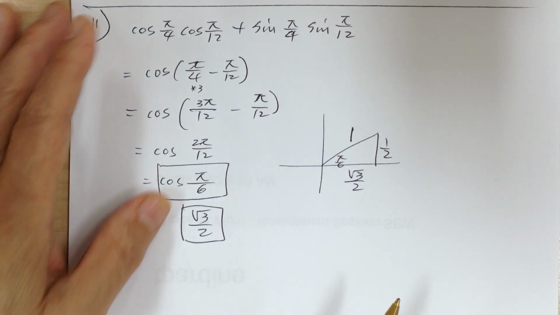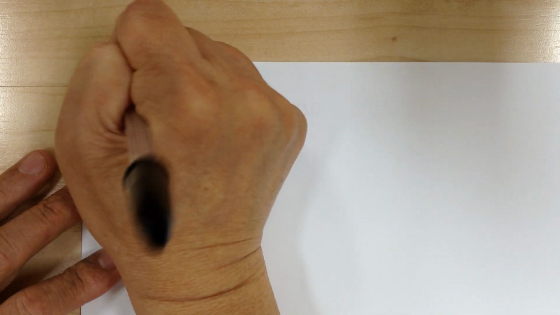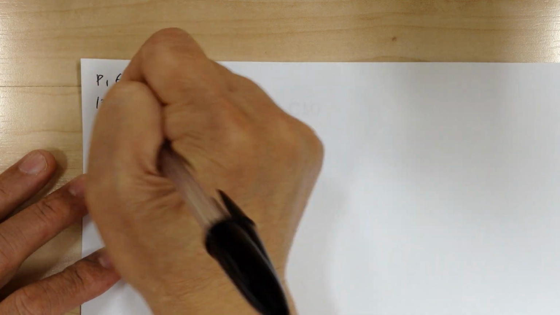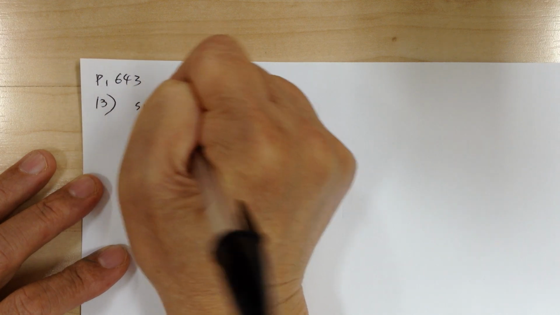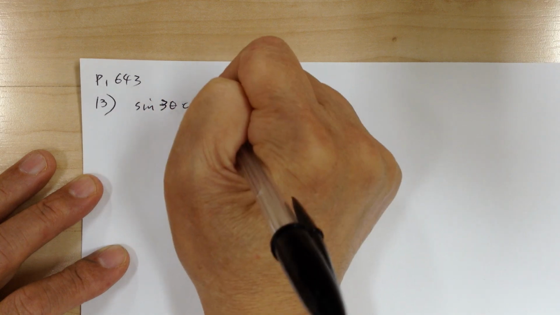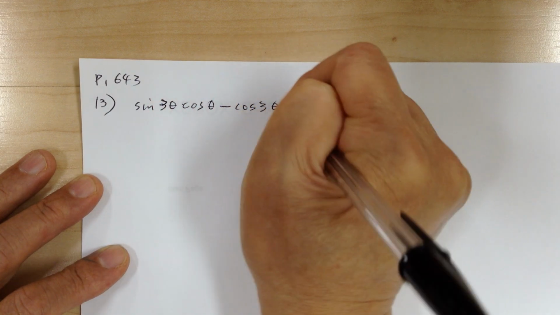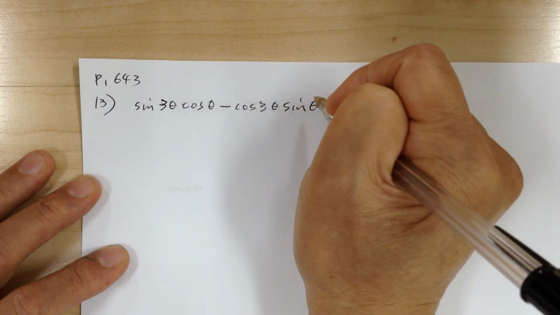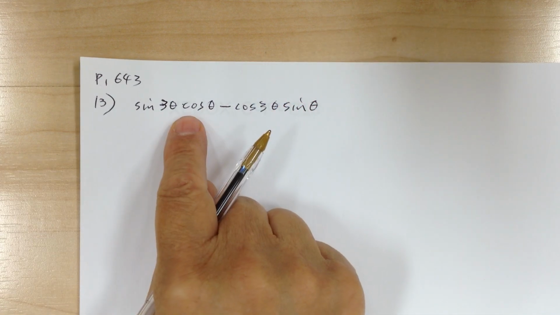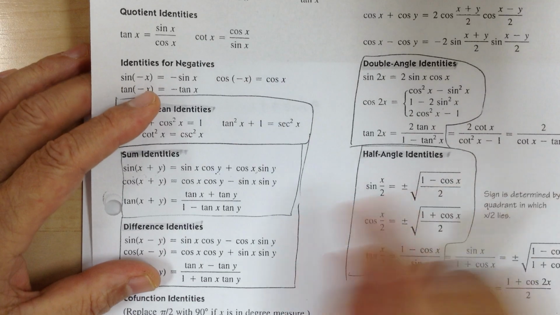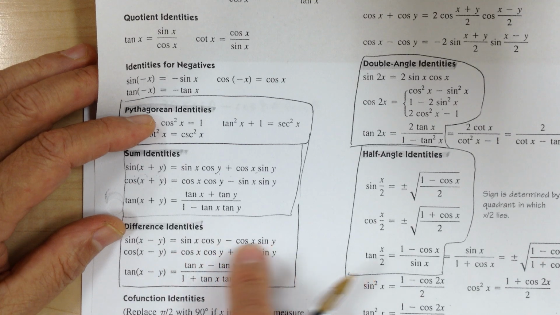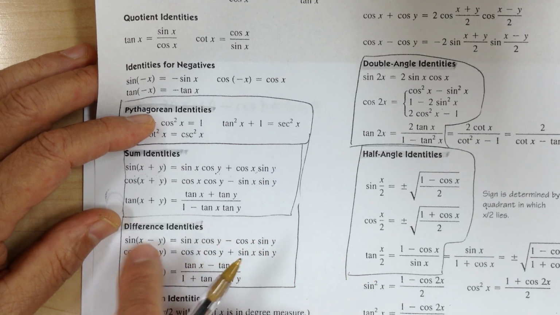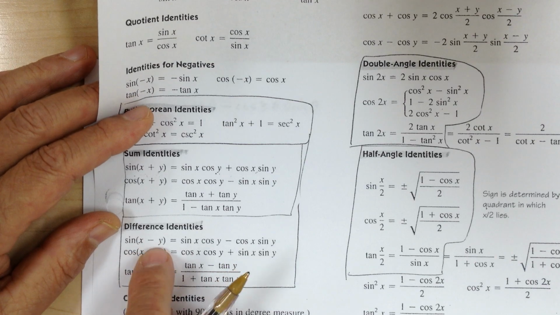Okay, let's go to the next one. You've got sine of 3 theta cosine theta minus cosine 3 theta sine theta. So this is sine cosine minus sine cosine. This is the difference of the two angles, sine of the difference of the angles.